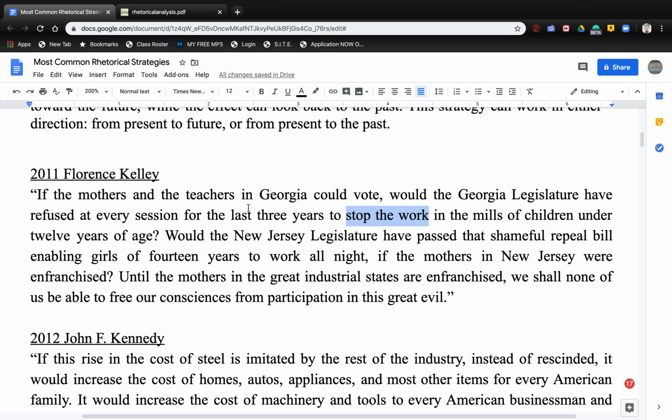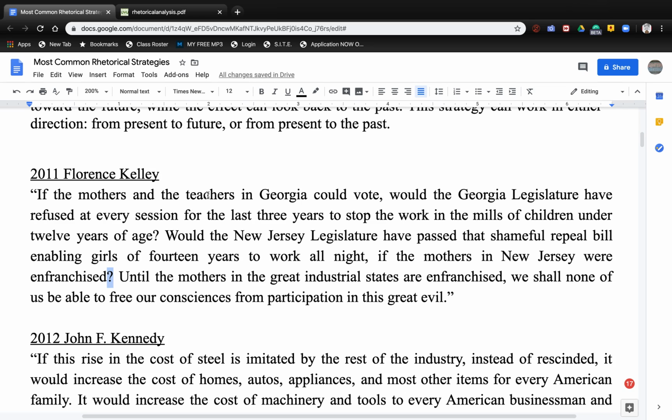The idea here is, though presented as rhetorical questions, which is in itself a device, in this case, the rhetorical question and the repetition of the idea paralleled all the way through. If we could vote, would we not be able to, right? So these are devices, the rhetorical questions and the repetition that parallel itself throughout the passage. But the overall strategy would be a kind of cause and effect.